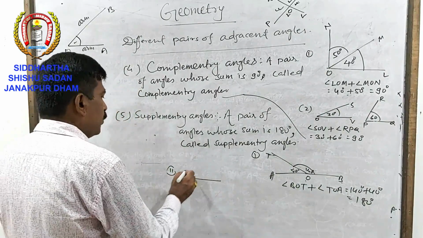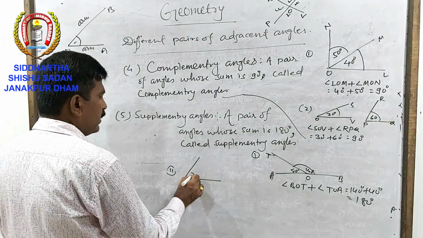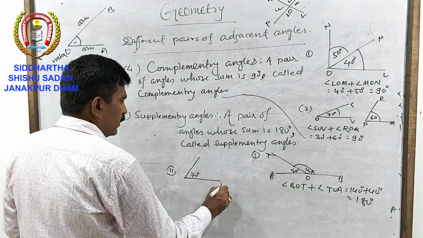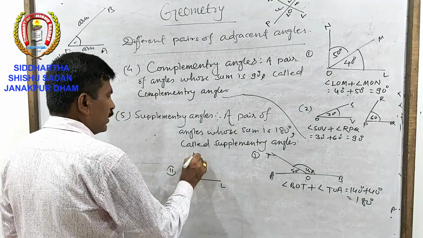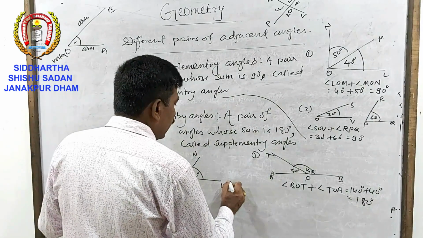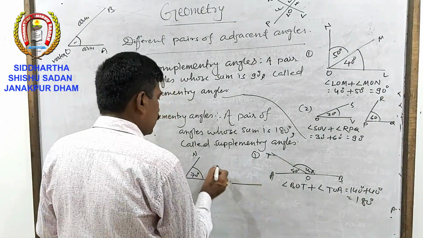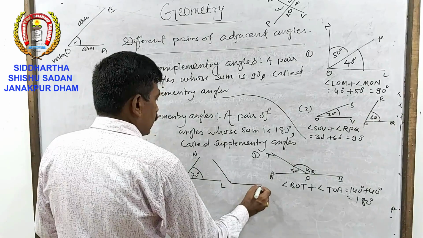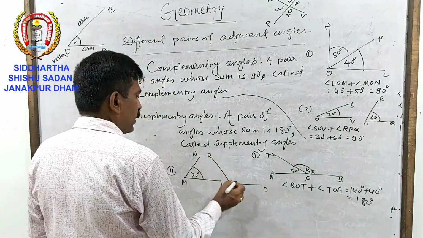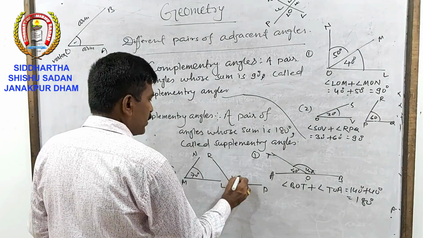Now, suppose this is a 70 degree. L, M, N. This is the 70 degree. And another angle is here. Suppose P, Q, R. This is a 110 degree.